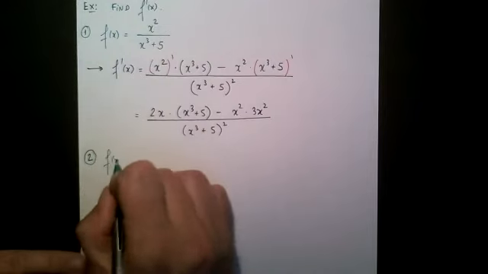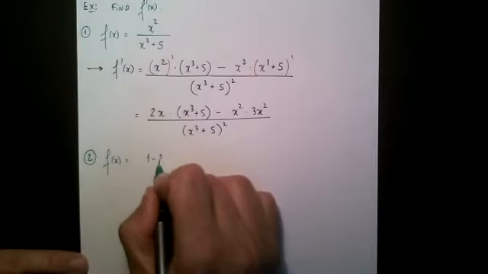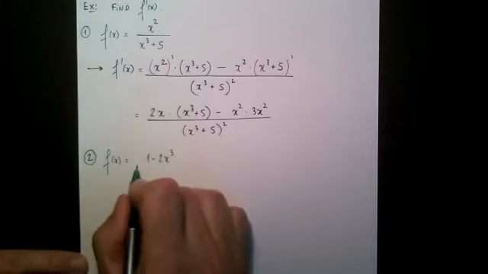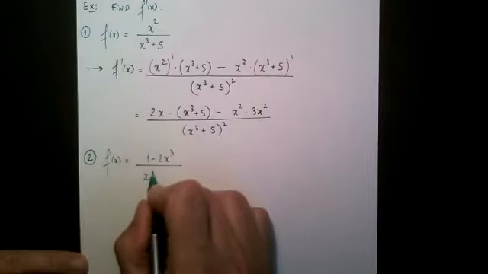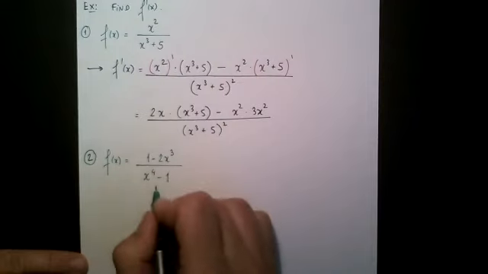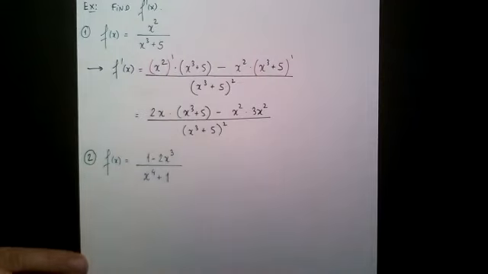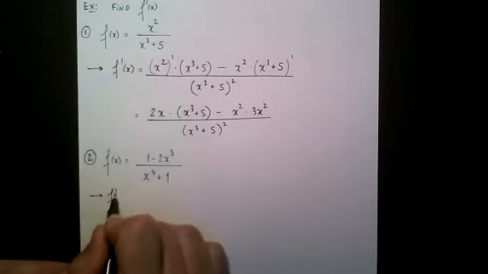f of x is equal to 1 minus 2x cubed divided by x to the fourth plus 1.